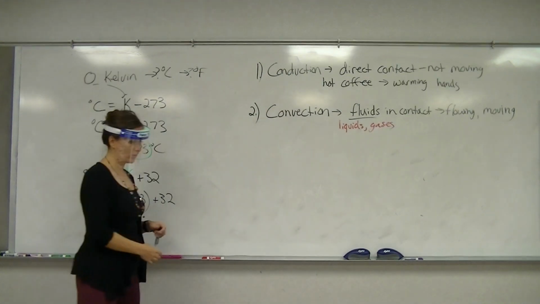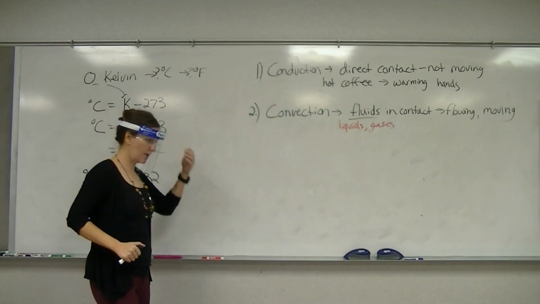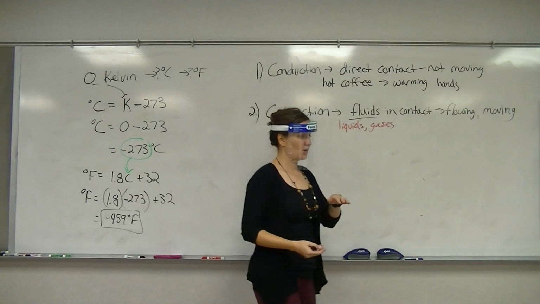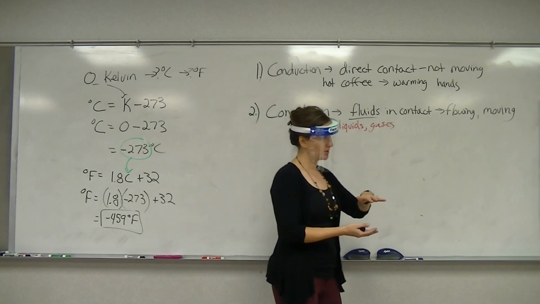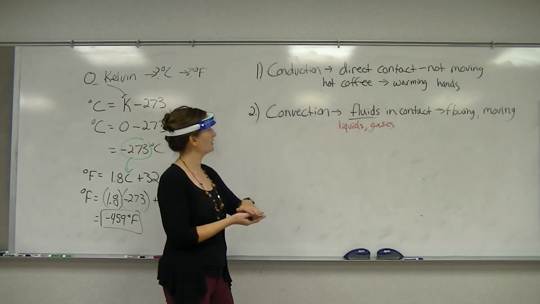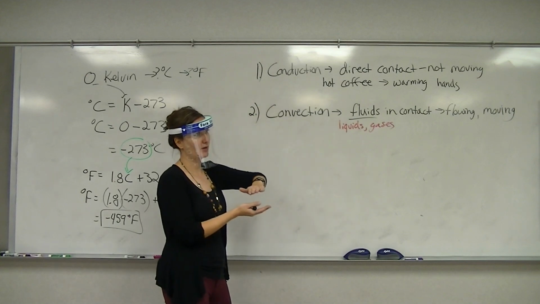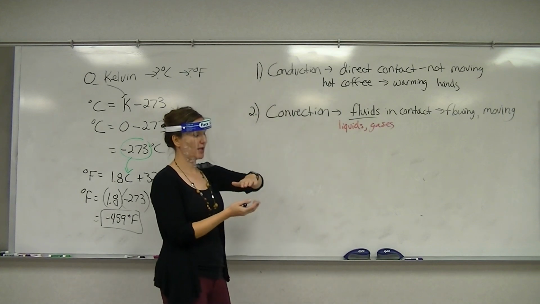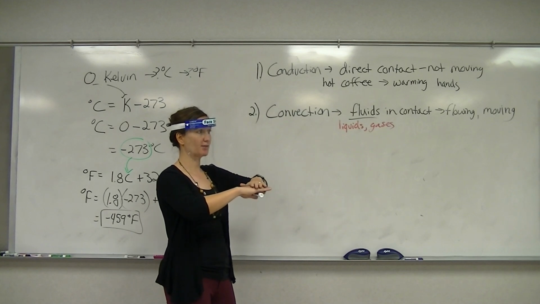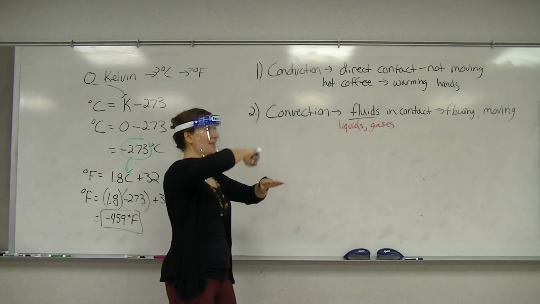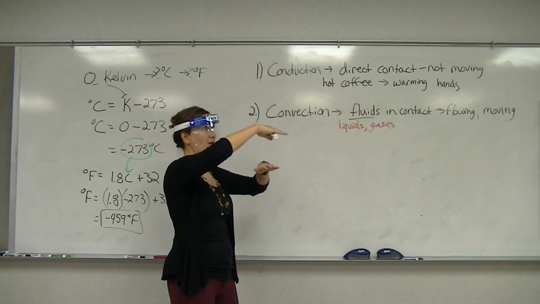An example, the one I used in the PowerPoint, I think, is when you're heating up water in a pot. So what you have is direct contact between the burner and the pot. That's conduction heat transfer. But the convection transfer is the bottom water, the water closest to the bottom of the pot is getting hot first. But it's mixing with the colder water on top.